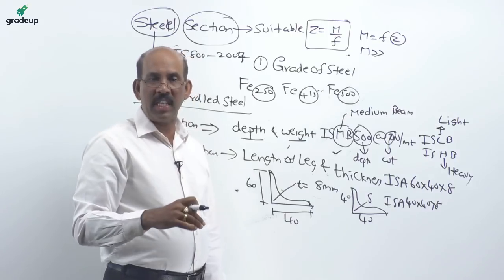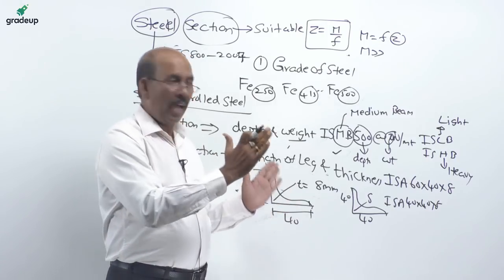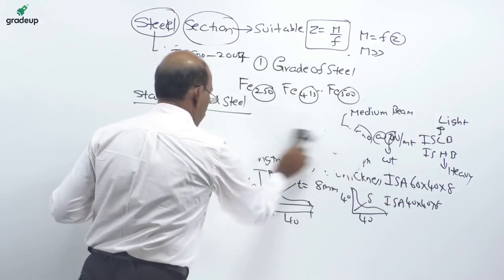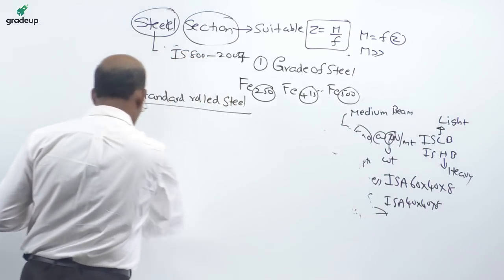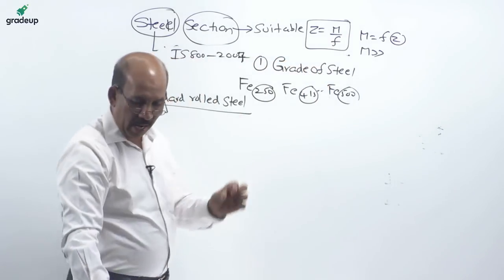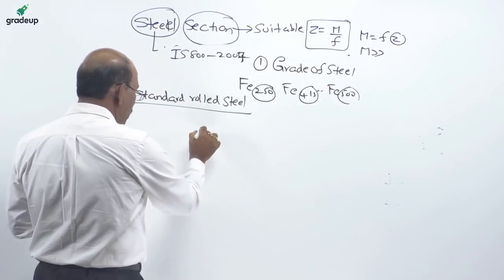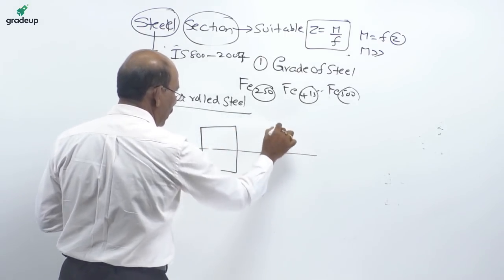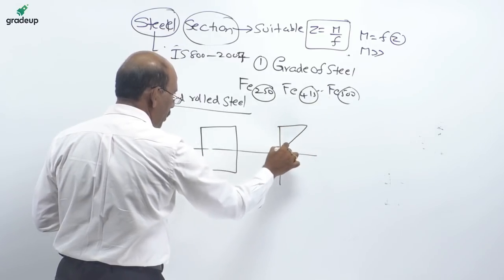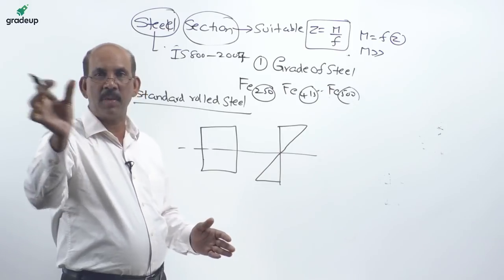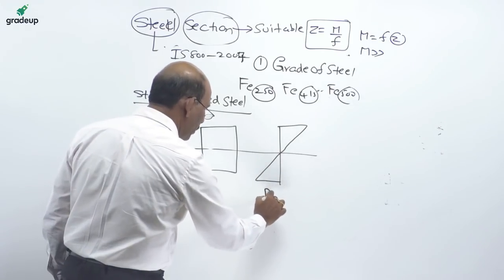Suppose you take a simple beam like this; if this is the neutral axis, the bending stress distribution is like this. This is what you studied in strength of materials, the theory of simple bending. This is the bending stress.